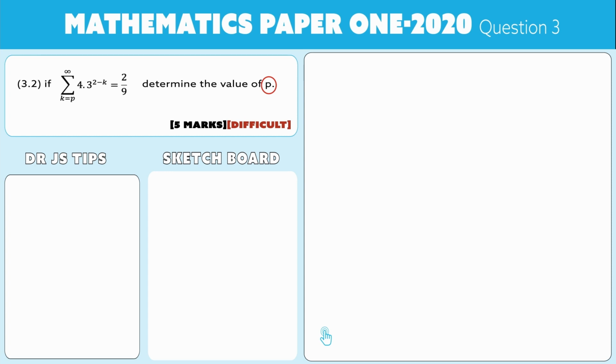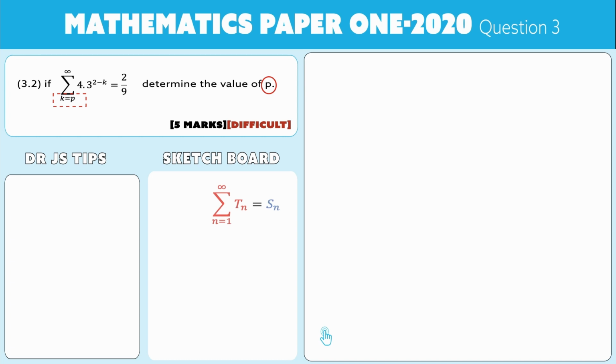Well, P is here at the bottom of sigma. P is where we are going to start counting the terms in this sequence. That starts at P. Now remember, we said that if we have our sigma, we have the general term given.